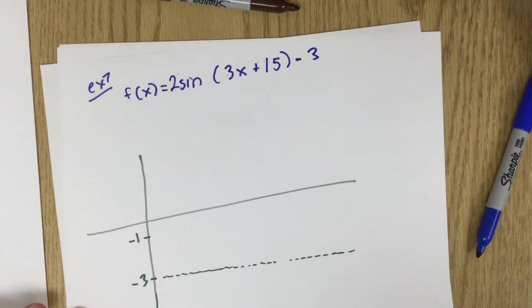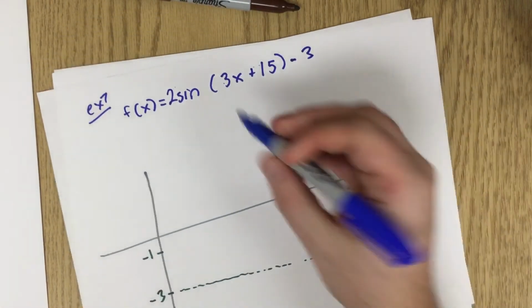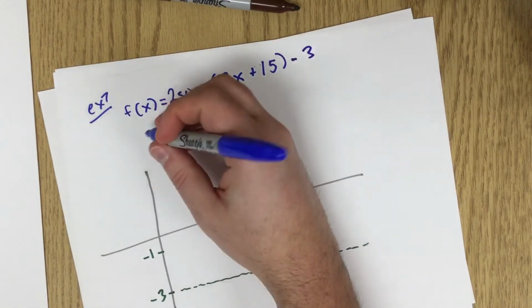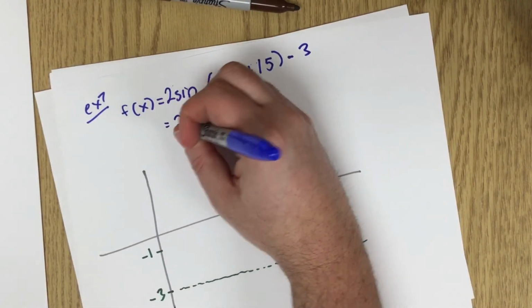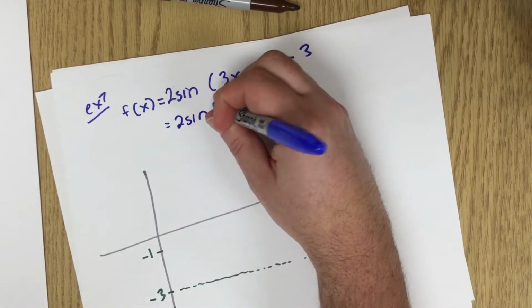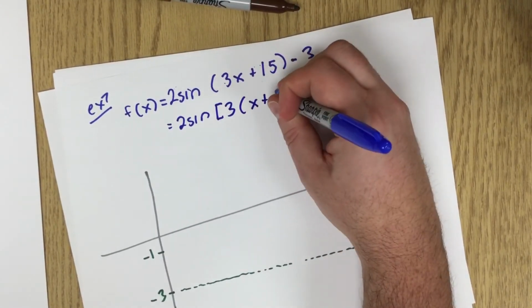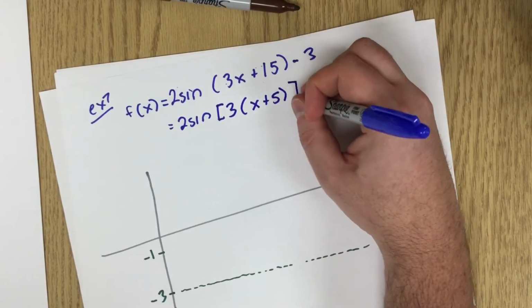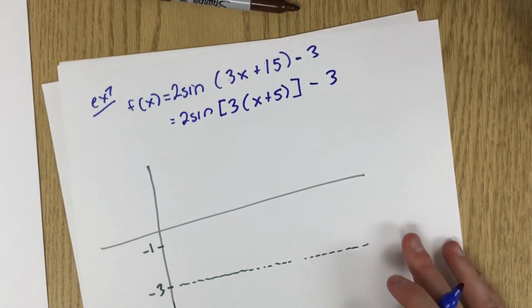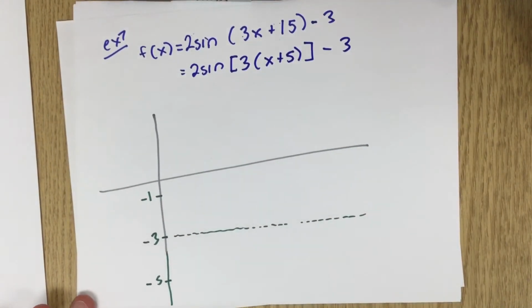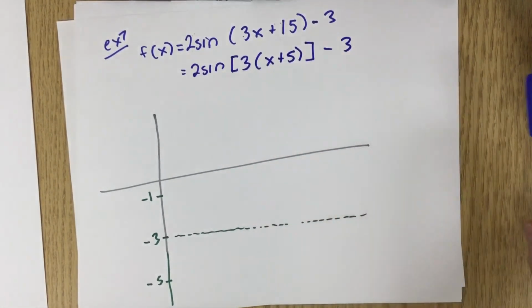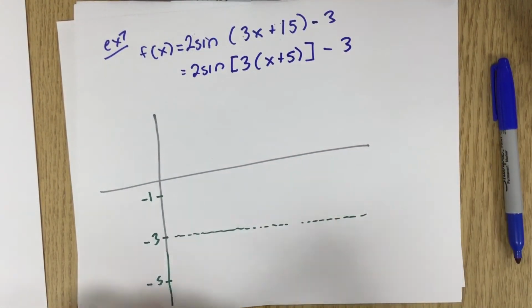Now, we don't actually know what the k is. There's a problem with the k because it's not really in the right format. So what we're going to have to do is fix this up. To make it look like a k, we're going to have to common factor out what's in front and make it look like this. And now we have a more appropriate situation. So now that looks like a k value. And we can figure it out.